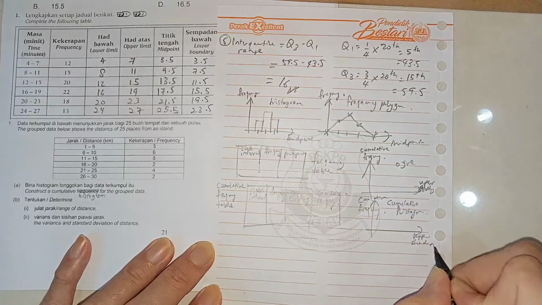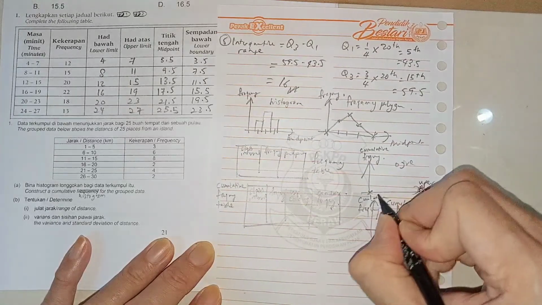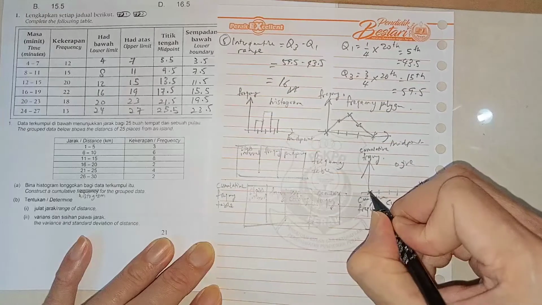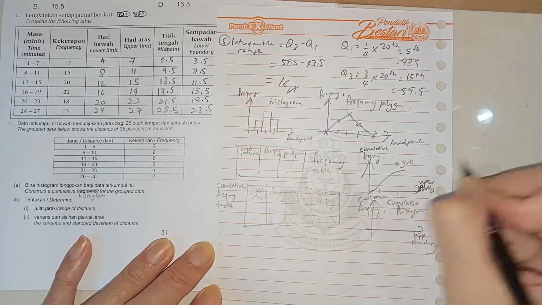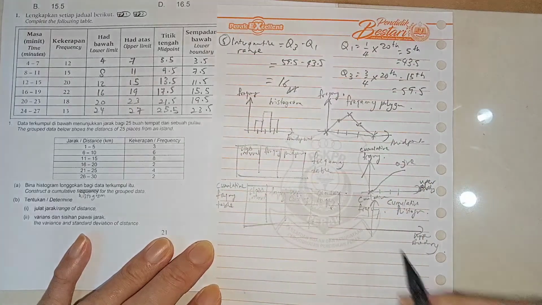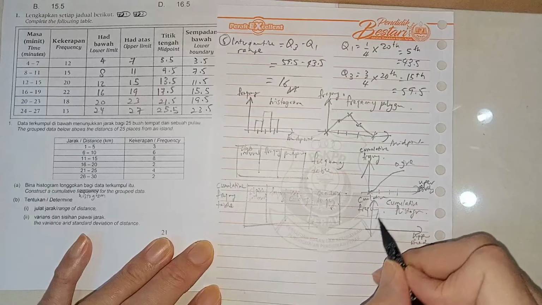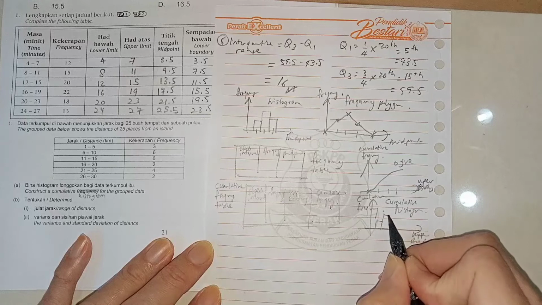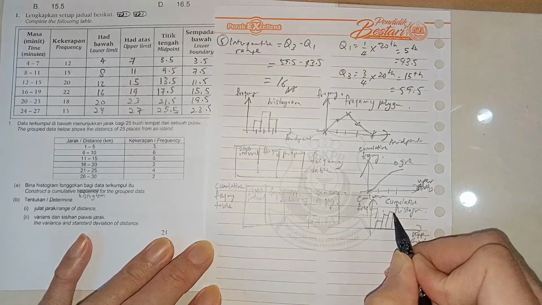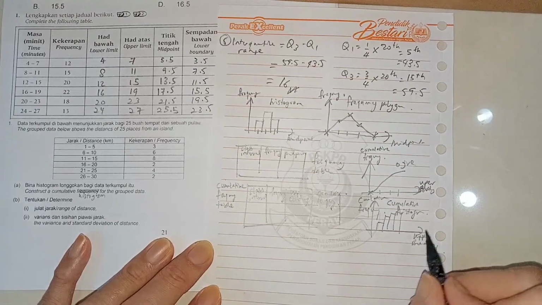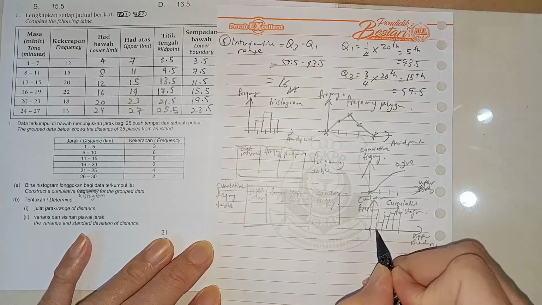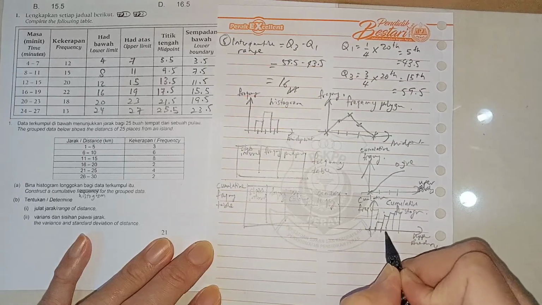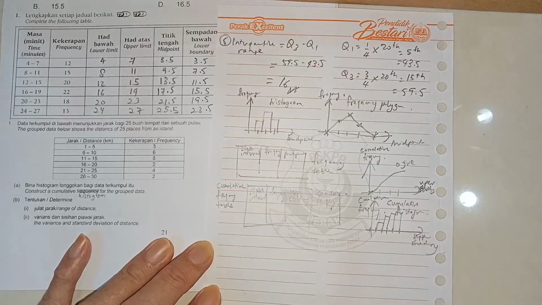So here will be upper boundary. Must touch x-axis like this. Here also actually is the same thing, but without this one. So it's like this, going up. So you must use the upper boundary here. Don't use midpoint anymore.